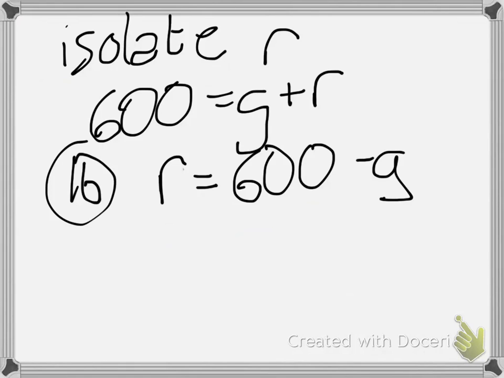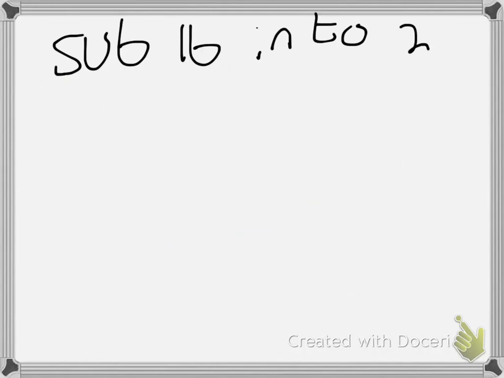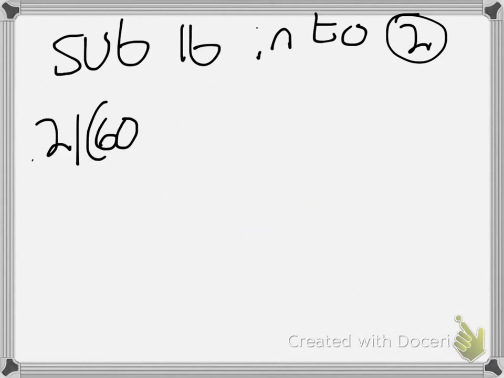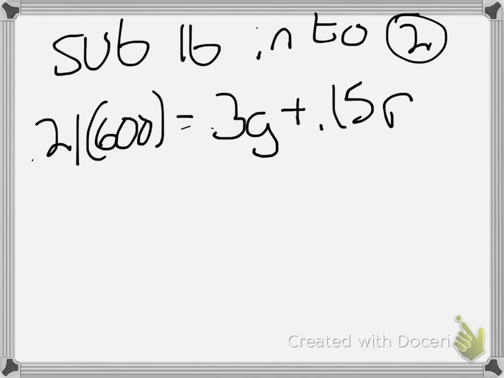So we sub 1B into 2. That's 0.21 times 600 equals 0.3G plus 0.15R.